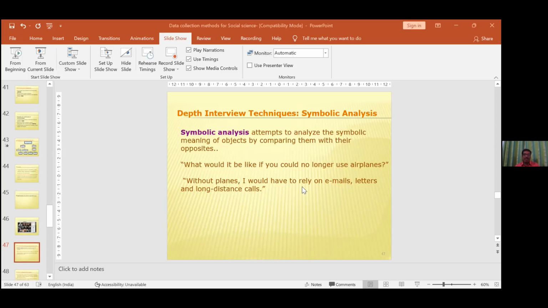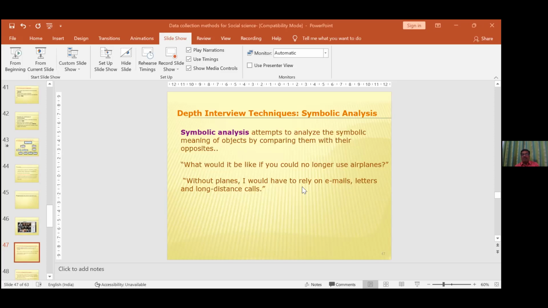In case of depth interview, we use one technique called symbolic analysis. What is symbolic analysis? Symbolic analysis attempts to analyze the symbolic meaning of the object by comparing them with their opposites. For example, you ask what will happen if there are no airplanes.